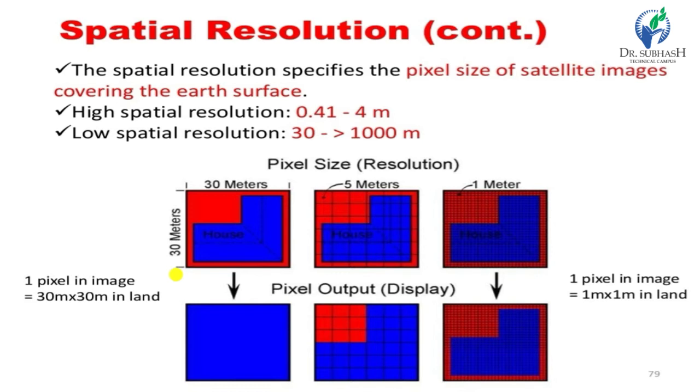In spatial resolution, it is the pixel size of the satellite image covering the surface: how much area of the surface is covered within one pixel.